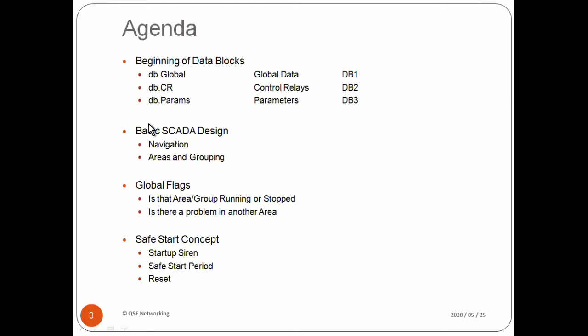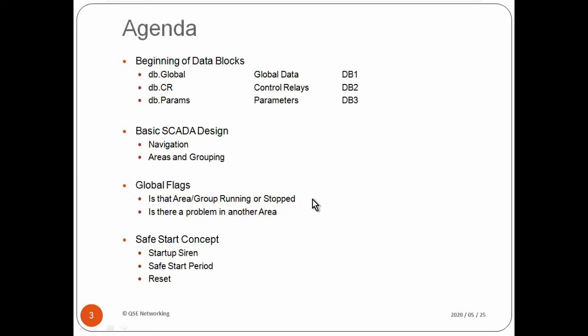All right, and then we'll talk quickly about some SCADA screen design and what we're trying to achieve. And then from there, we're going to develop what we call areas of the plant. And just to find out, when you're looking at a particular area of the plant, how do you know it's running or it's not?